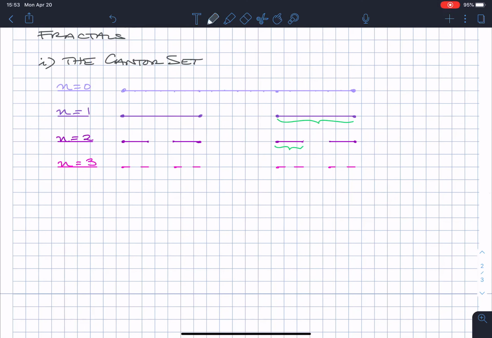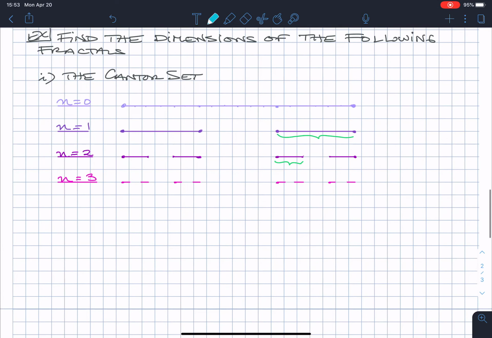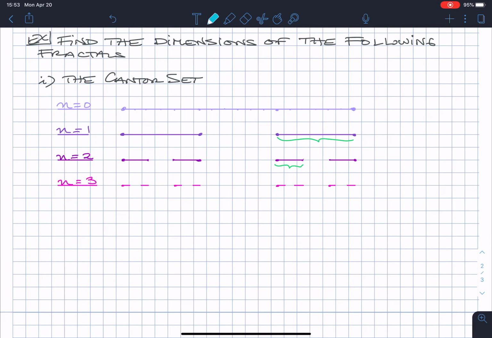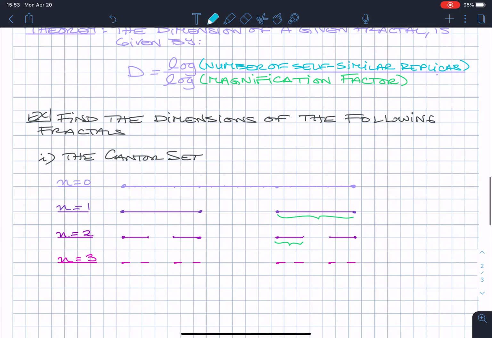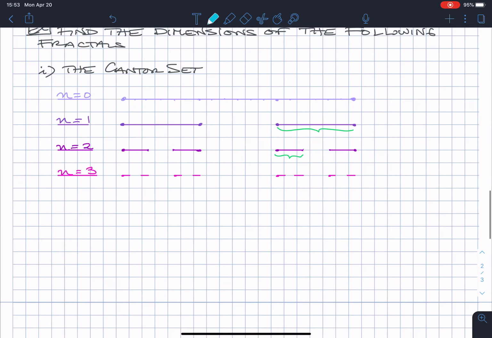Okay, so do you agree that the number of self-similar objects at any step is going to be 2? Because from here, I go from 1 line to 2. And each line goes from 1 to 2.